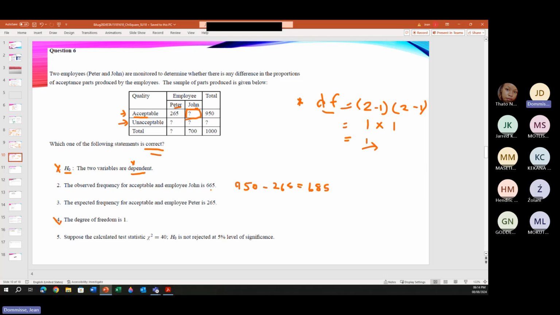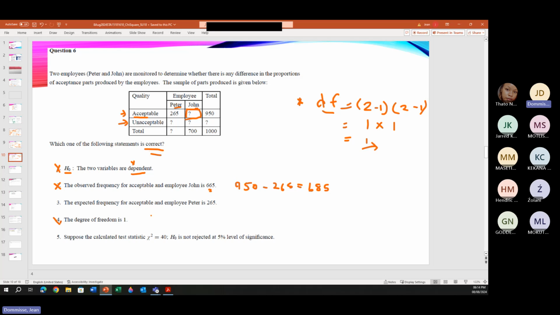Very close. One could easily make the mistake of seeing it as 685 or seeing it wrong, but we get it: the 950 total minus the 265 gives you the observed.